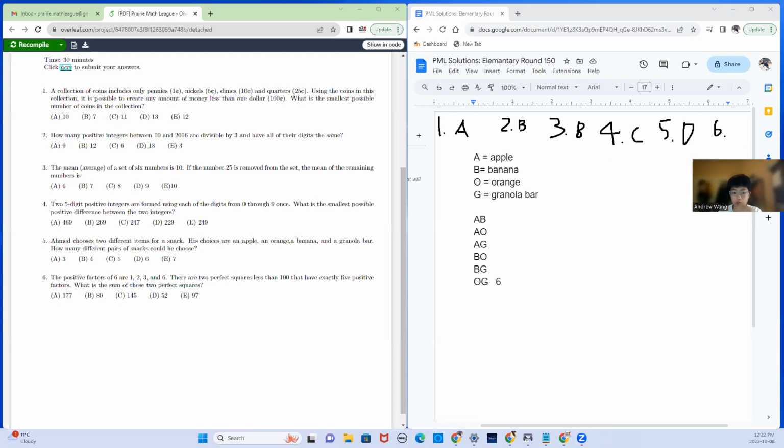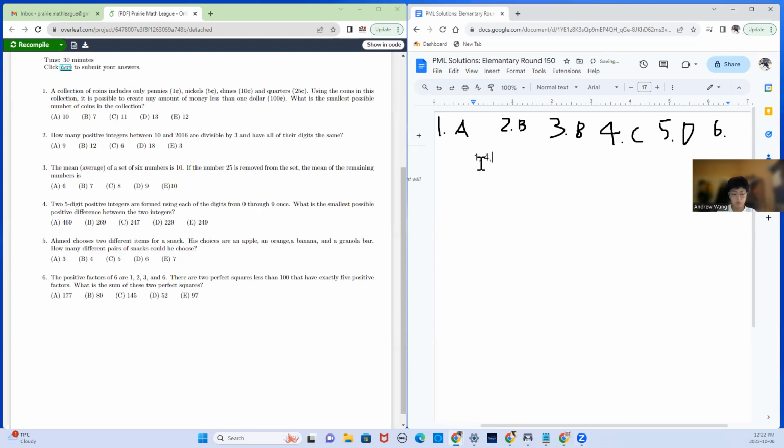Let's move on to question 6 now. Question 6. The positive factors of 6 are 1, 2, 3, and 6. There are 2 perfect squares less than 100 that have exactly 5 positive factors. What is the sum of these 2 perfect squares? Alright, so first, perfect squares, I'll just list them out.